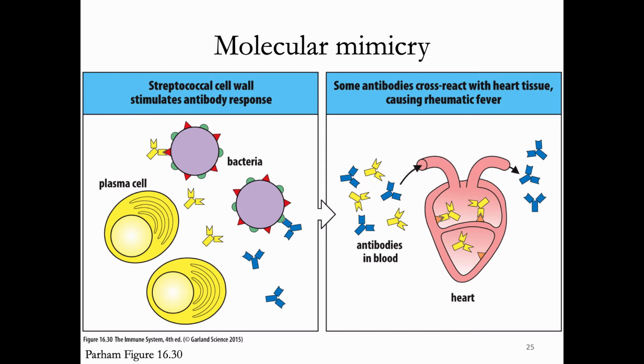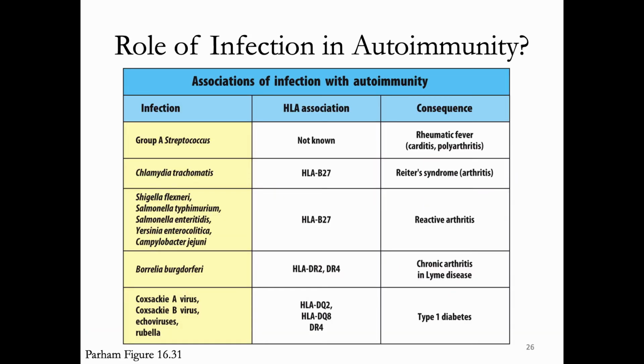What I think you might realize at this point is the potentially important role of infection in autoimmunity. And so what you've seen are a number of different ways where there's sort of bad luck plus infection that led to the breaking of tolerance with these mechanisms that we've seen.